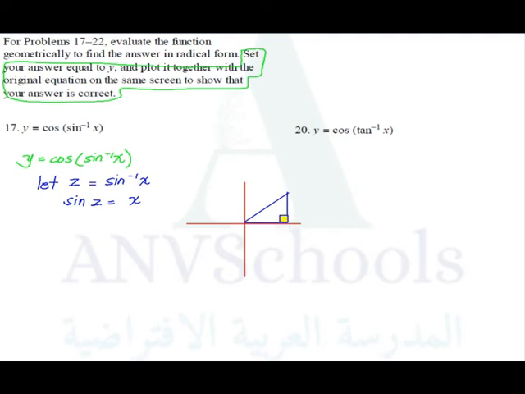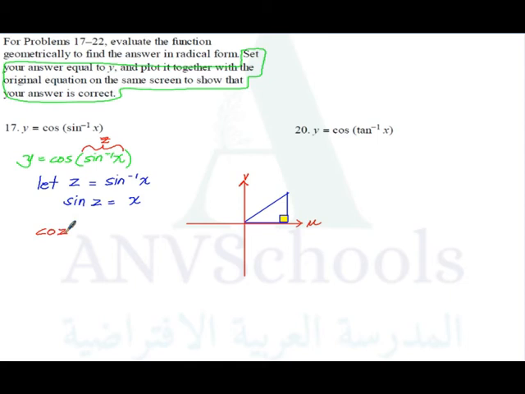Okay, let's label the axes. Our axes are u axis and v axis. So if our sine z is equal to x, then this one is equal to z. So what we are actually looking for is cosine of z.